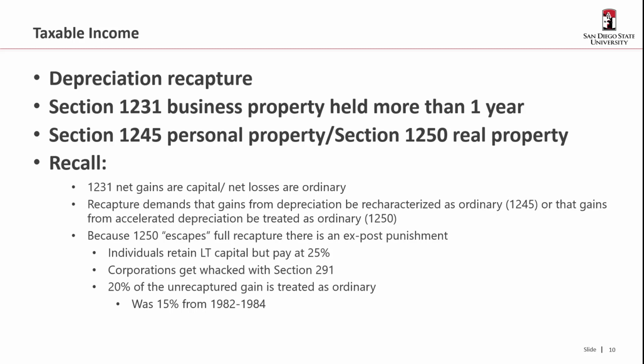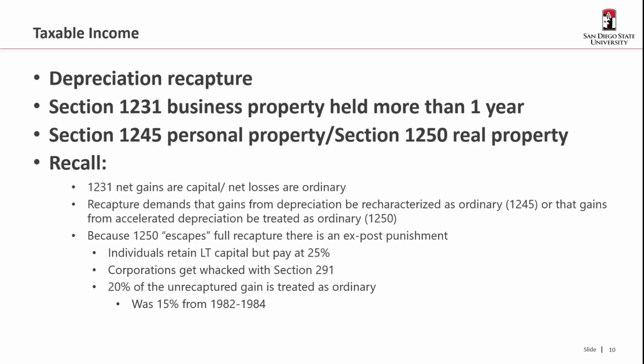That ex post punishment is that individuals retain long-term capital treatment for that non-accelerated depreciation portion, but they pay at 25% long-term capital gains rates instead of the 0, 15, or 20.